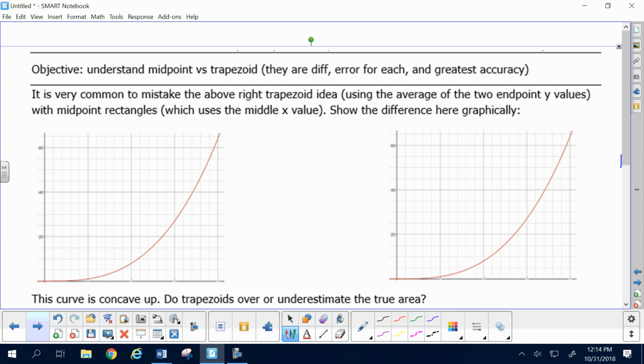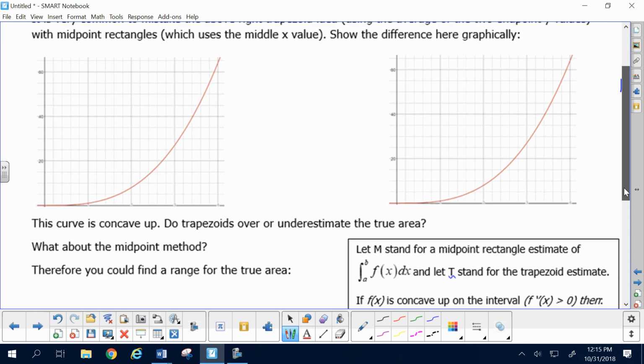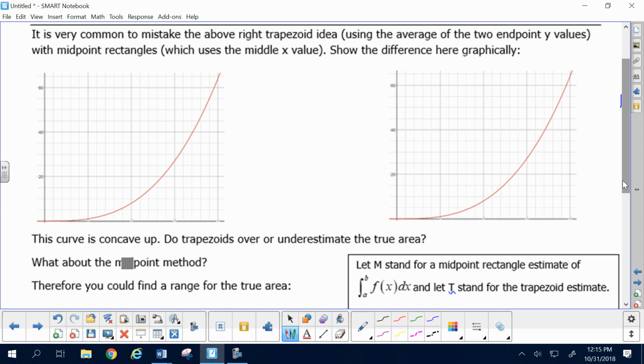So if I were to look at this curve here again, when I did this trapezoid, I draw the height at the average of the endpoint y's, as we talked about.